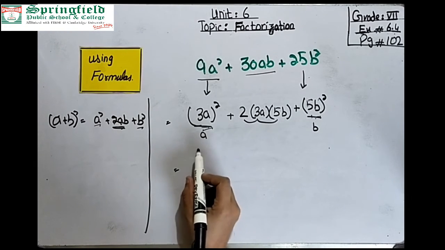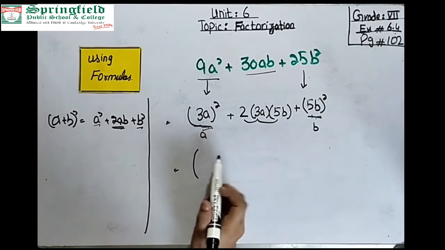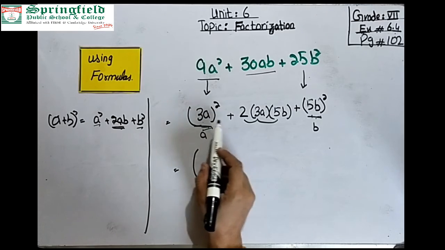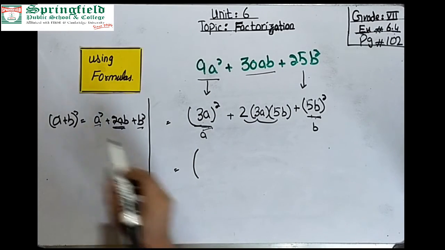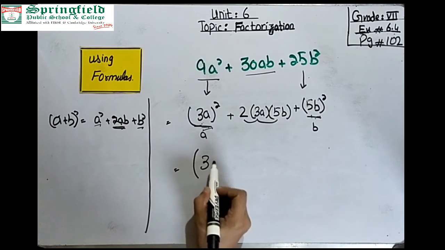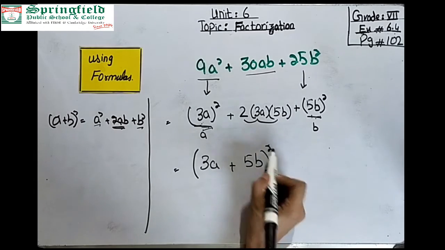Now it means, close this formula now. a square plus 2ab plus b square is equal to what? (a plus b) whole square. So a is 3a plus b is 5b, whole square.